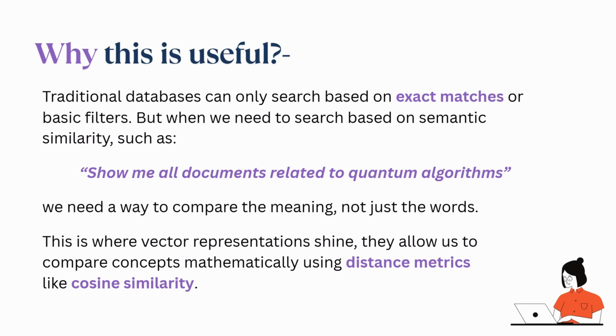Embeddings capture the meaning of the text, not just the words, and allow us to compare content mathematically using similarity metrics like cosine similarity. So now, even if your query uses different words, the system can still find semantically similar documents, making search much smarter and more human like.